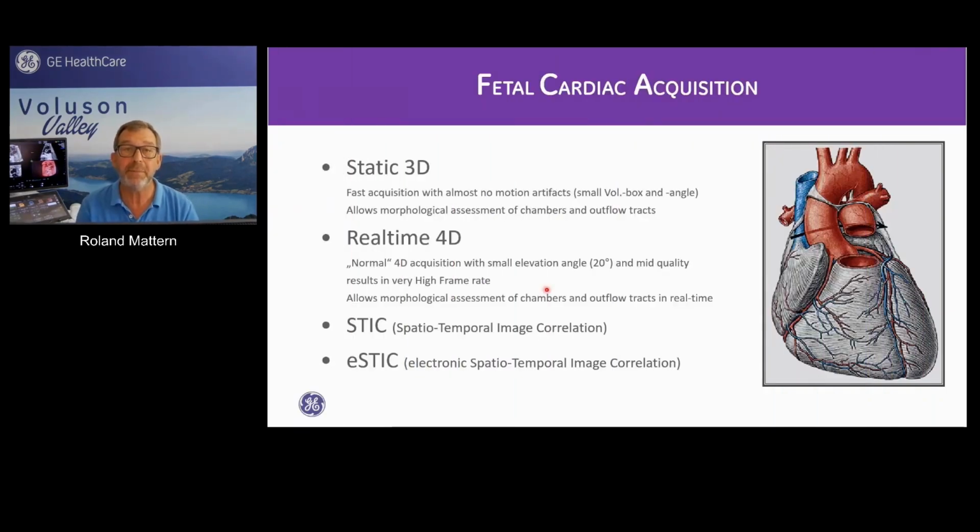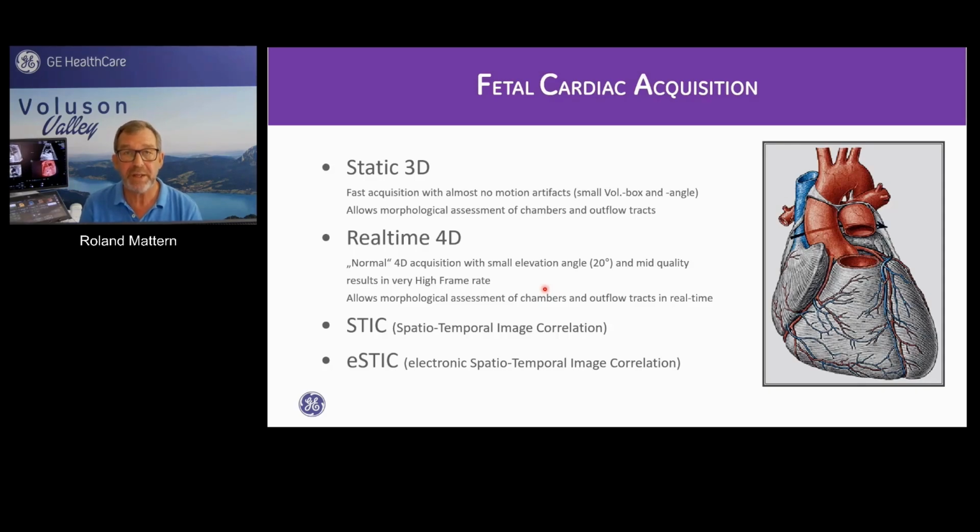What are the different ways to acquire a volume of the fetal heart? The first one is a static 3D, which is a really fast acquisition with almost no motion artifacts, because we have a very small volume box and a small volume angle. This allows you to do morphological assessments of the chambers and outflow tracts.